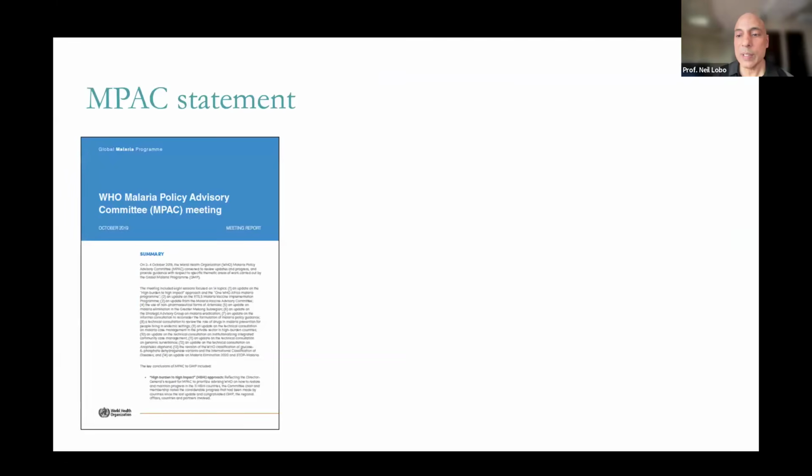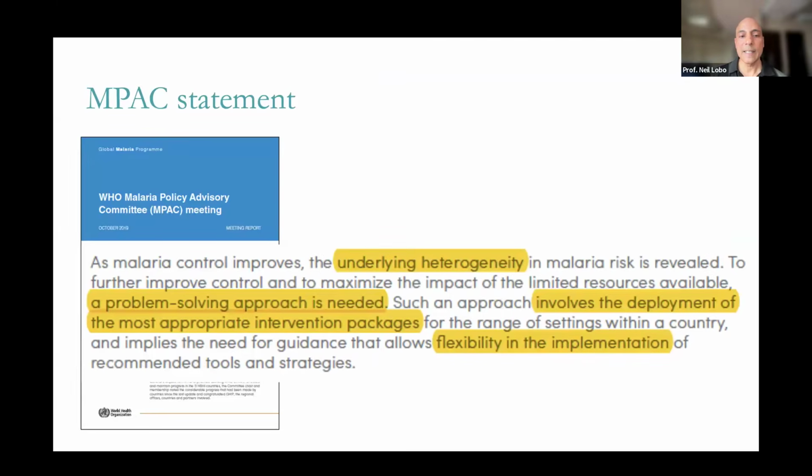So the objectives and use cases. The reason for this is that MPAC, which is the WHO Policy Advisory Committee, said this, and I'm sure you all understand this: malaria is heterogeneous. Across your country, malaria is different, with different amounts of malaria, different species, different climates, everything.